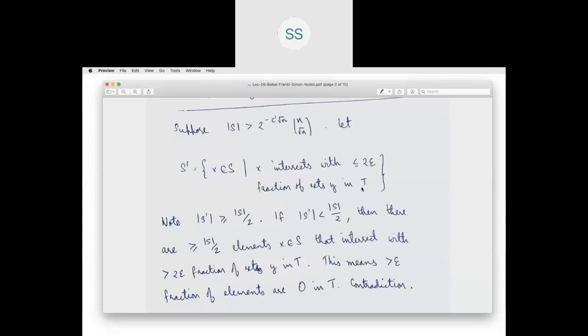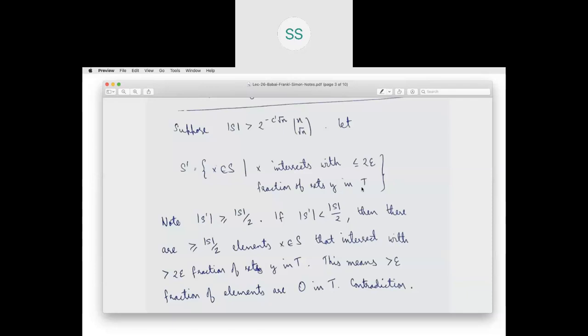You can look at each row and see what fraction of the entries are 1s. The 0 entries are those that intersect with T, that are not disjoint with T. So I want the row to have at most 2 epsilon fraction of zeros. If so, I will include it in S dash.